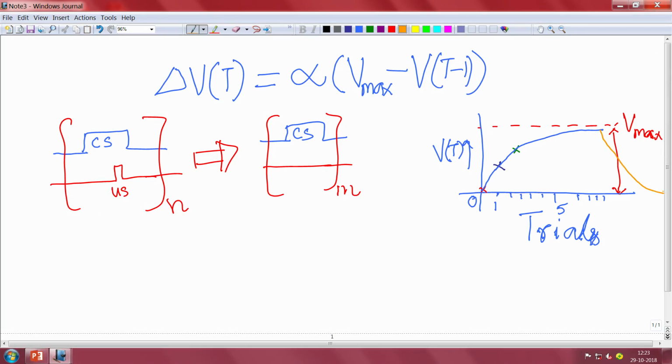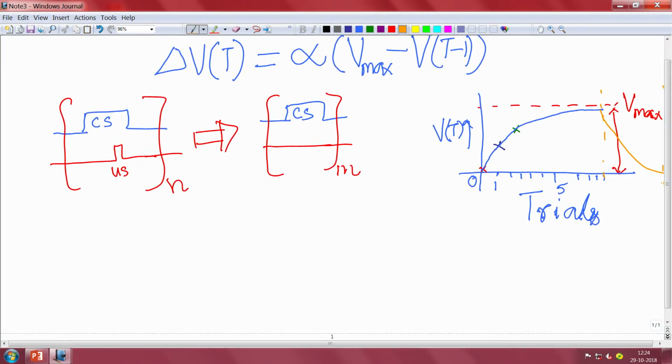Now, that is very nicely captured by this one expression. How does it capture it? For this part of the trial, the Vmax that we are looking at, during extinction, is actually 0.